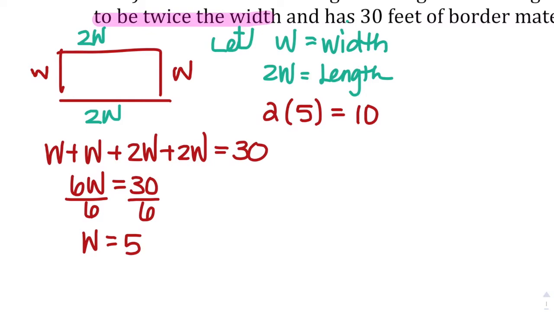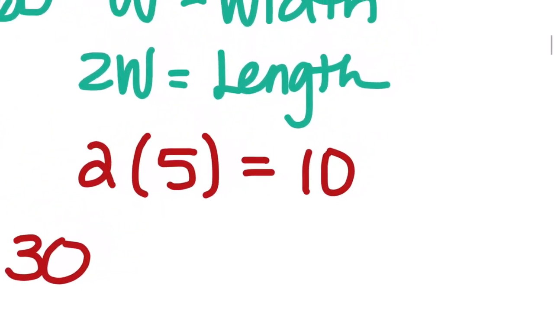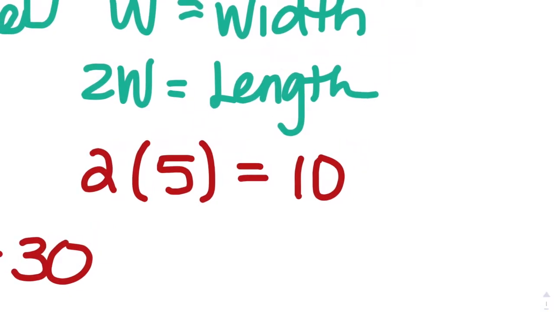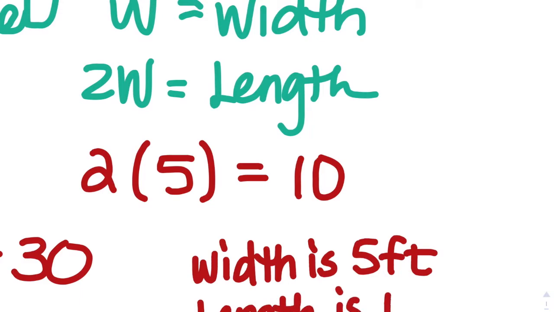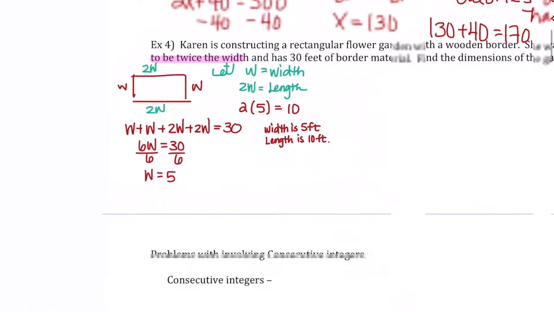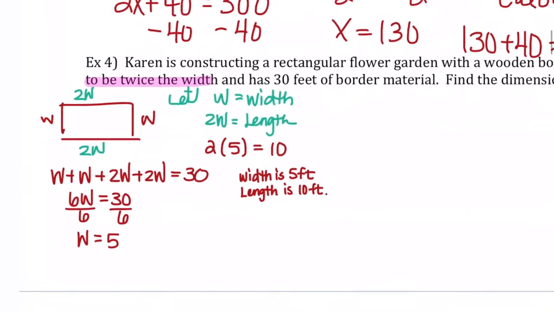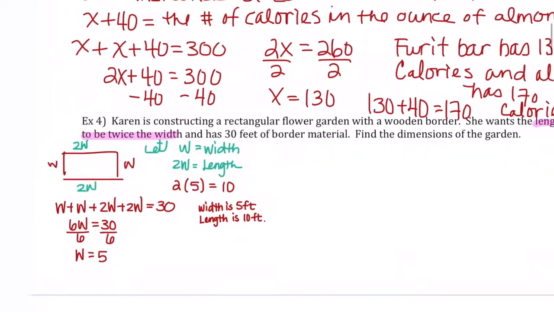Just looking at the problem, the width is 5 feet and the length is 10 feet. That's it. Okay, that's how the problem is done for those kinds of word problems. Hope it's not too difficult.